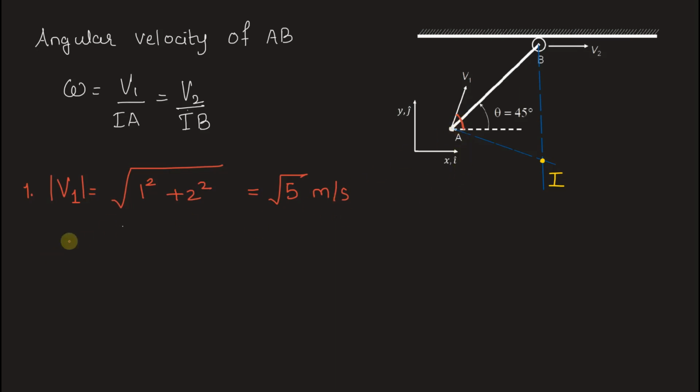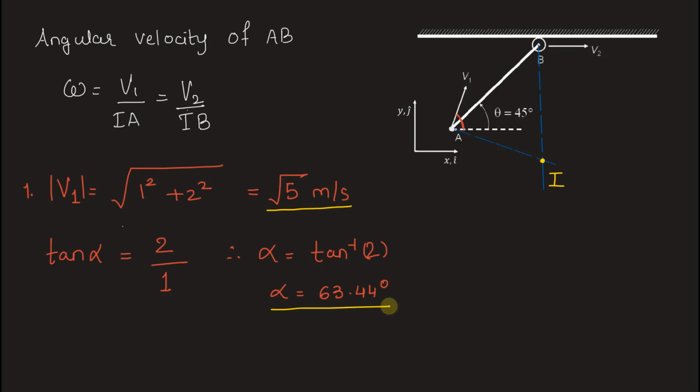Let the angle be alpha. So we'll write tan alpha is equal to opposite, that is the vertical component 2, and adjacent, the horizontal component 1. So we have tan alpha is 2 by 1. Therefore, alpha is tan inverse of 2. The value of tan inverse 2 in degrees is 63.44 degree. So we have the magnitude of v1 and the direction of v1.